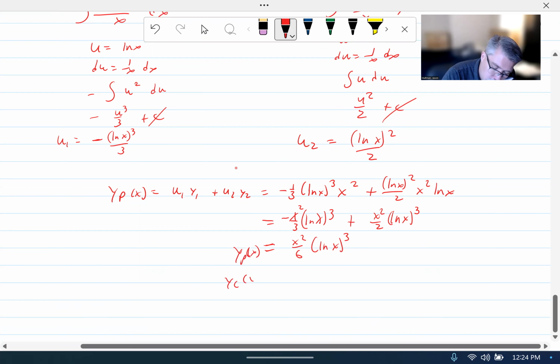Okay, yc of x was equal to c1 x squared plus c2 x squared ln x, right?